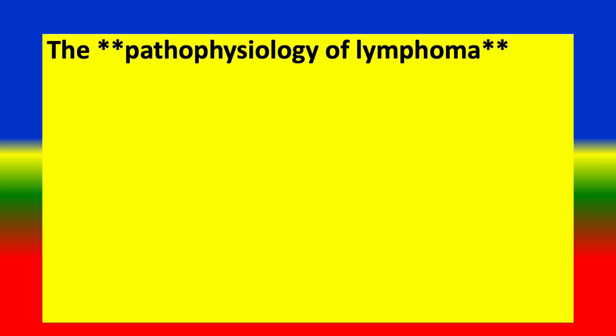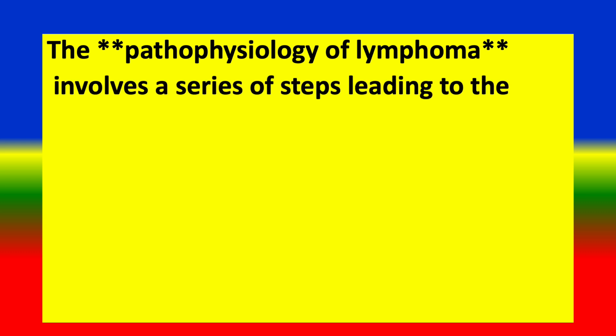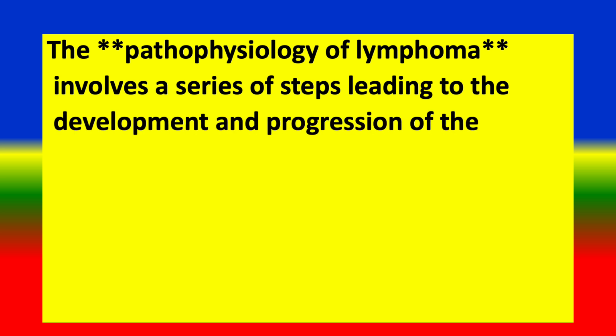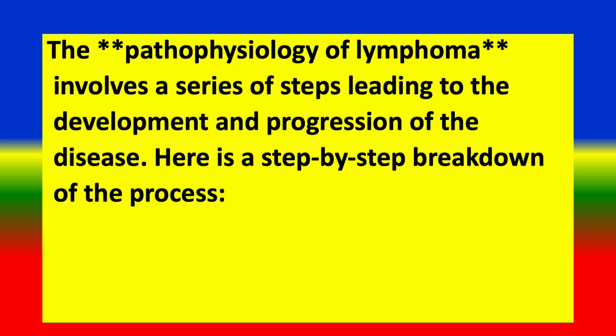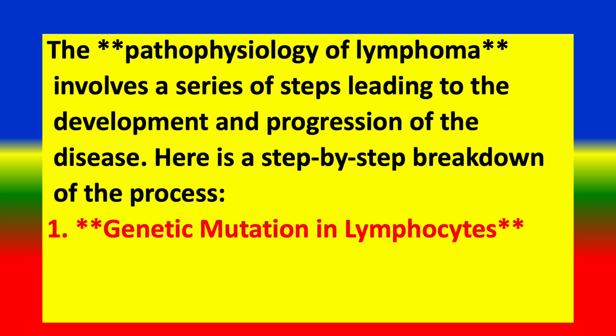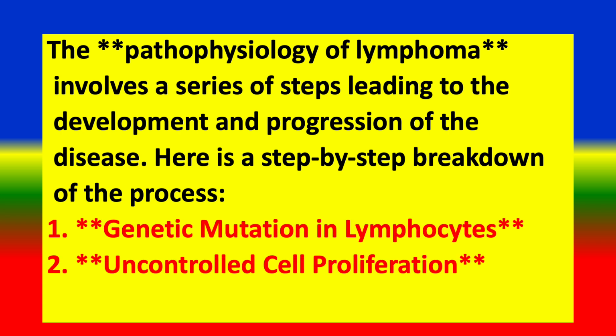The pathophysiology of lymphoma involves a series of steps leading to the development and progression of the disease. Here is a step by step breakdown of the process. 1. Genetic mutation in lymphocytes. 2.